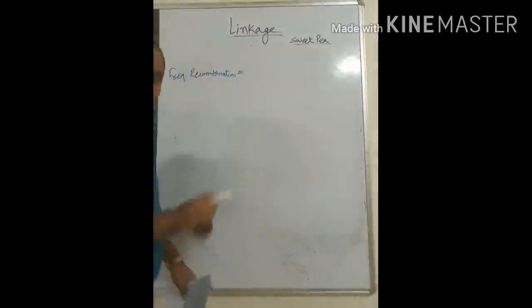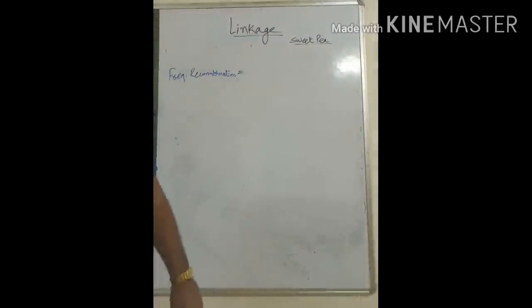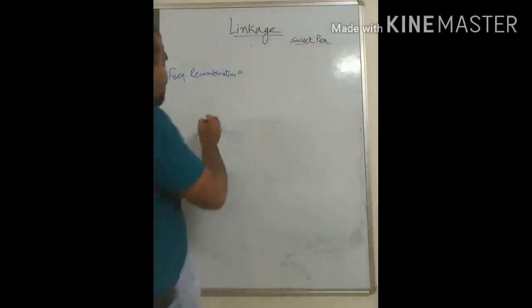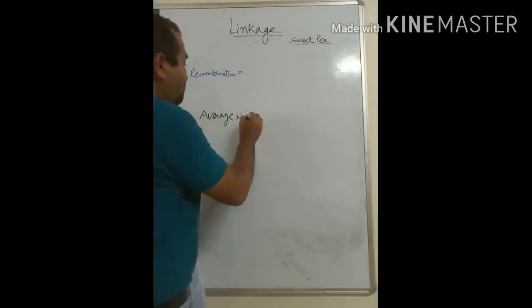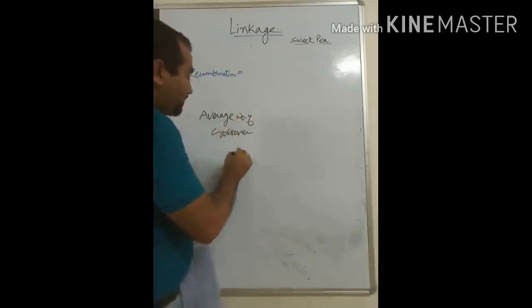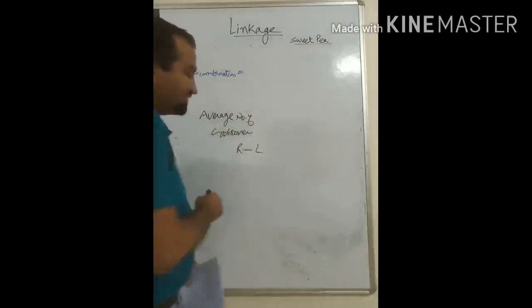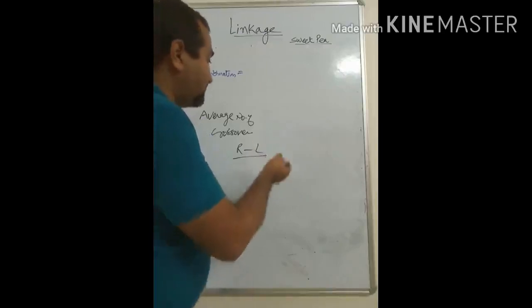finally on the basis of their number we can calculate the total frequency of crossover. So the average number of crossovers between two genes present on the same chromosome can be calculated.